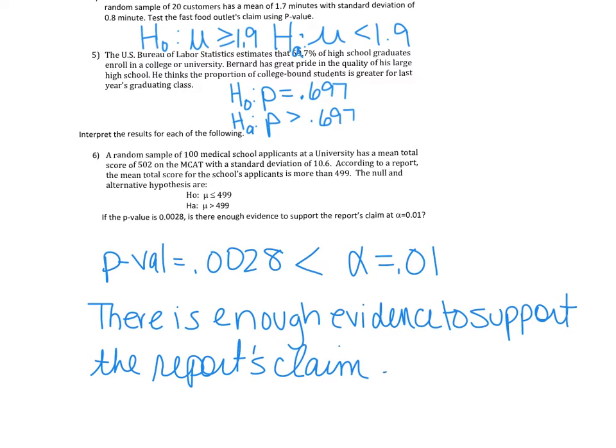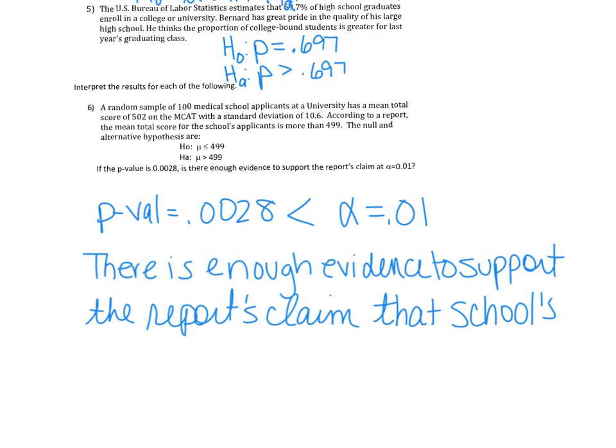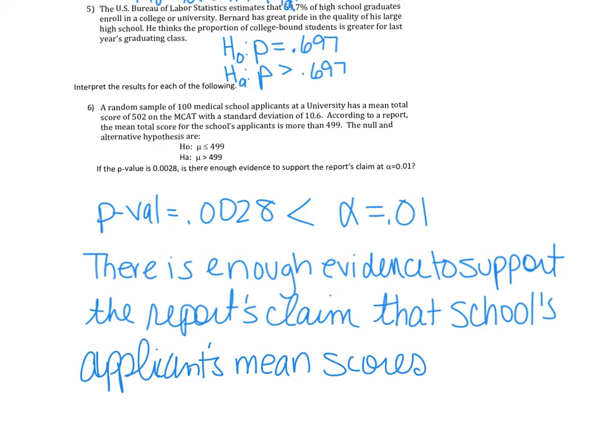So the report's claim that the school's applicants' mean score is more than 499. And that should say mean score, not scores.